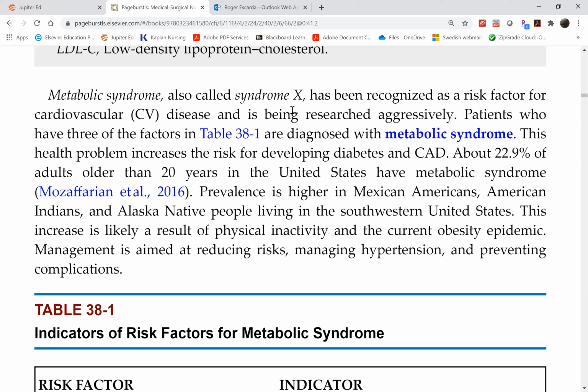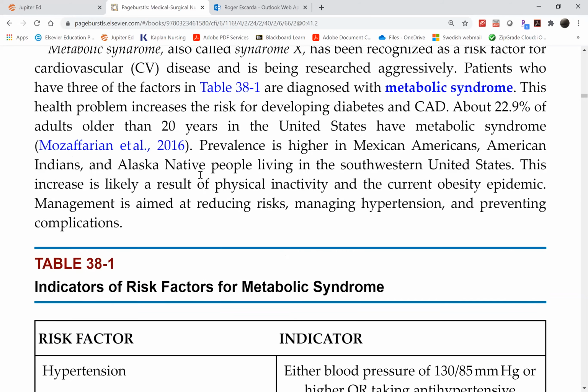So the waist here is 40 inches or more in males, and I forgot what the waist circumference was for females. But anyway, metabolic syndrome's number one risk factor is obesity. They do have a high A1C as well as a high systolic, or more like borderline systolic blood pressure. They're not quite at 140 systolic yet.